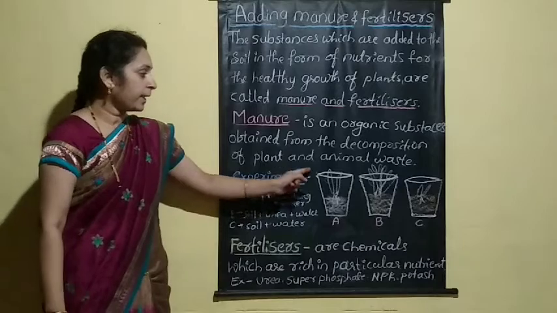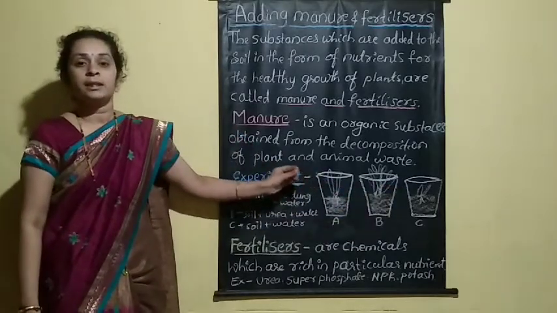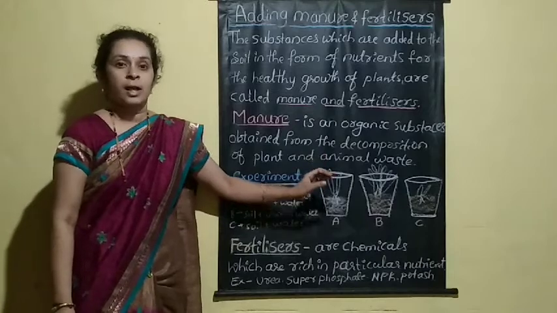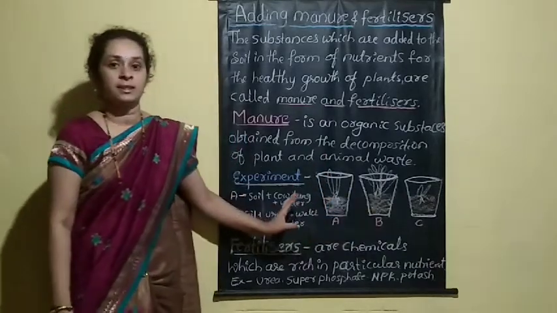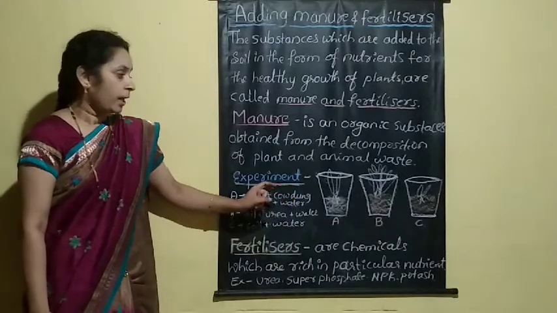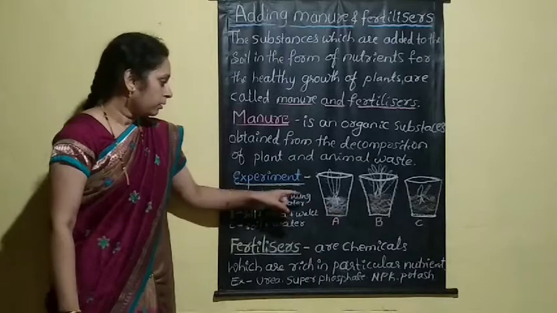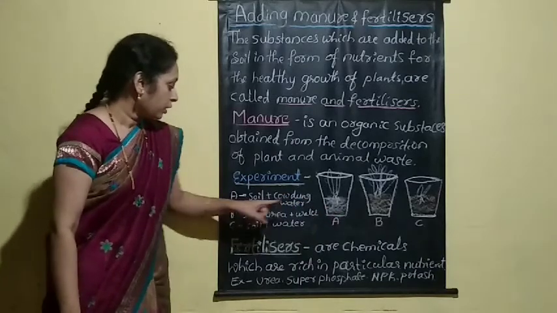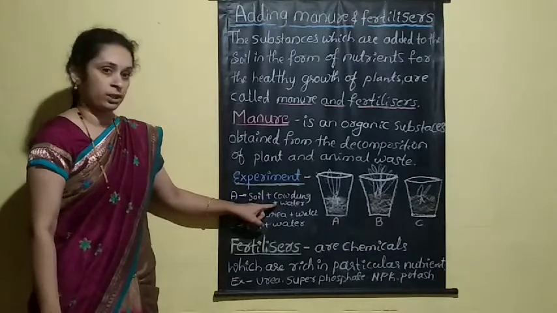And you have to take 3 glasses or three vessels and label them as A, B and C. For glass A, you have to add soil, a little cow dung and water.